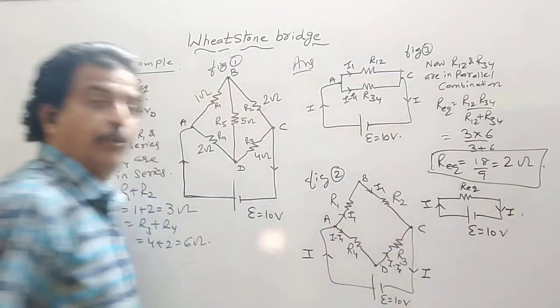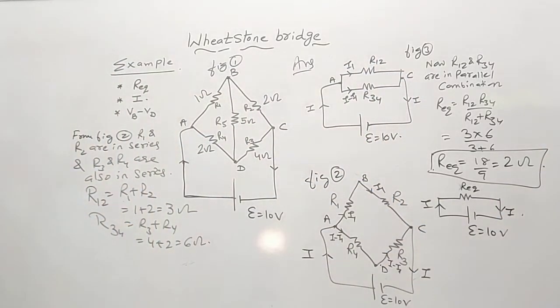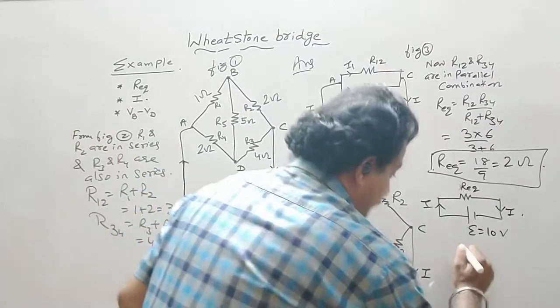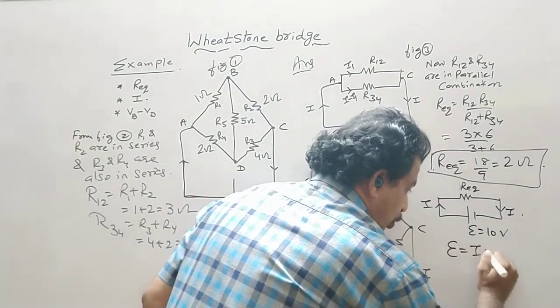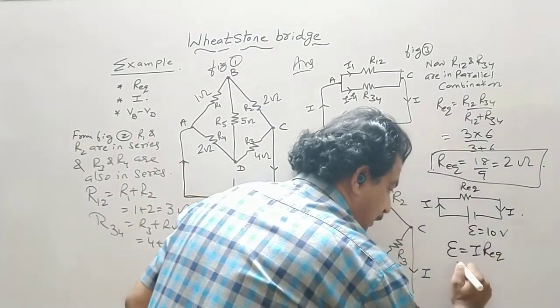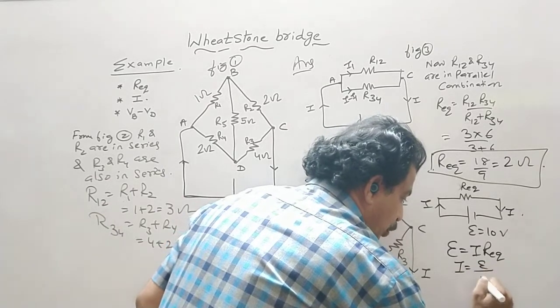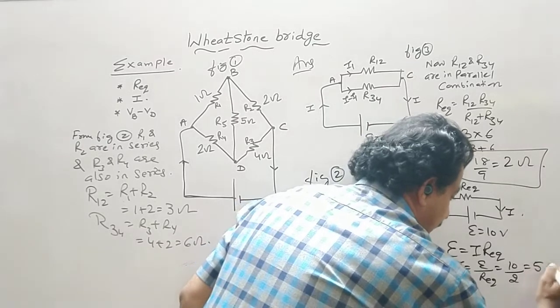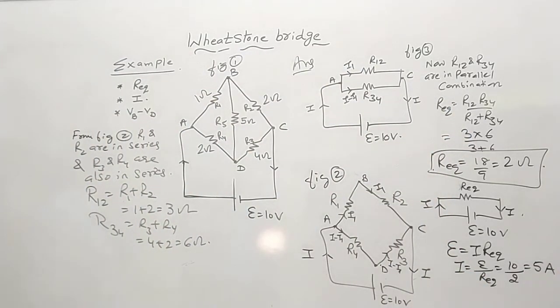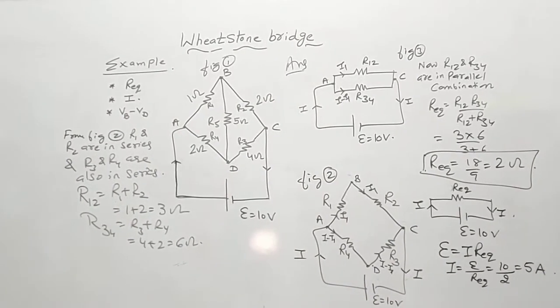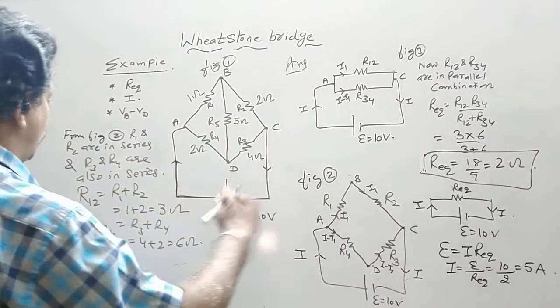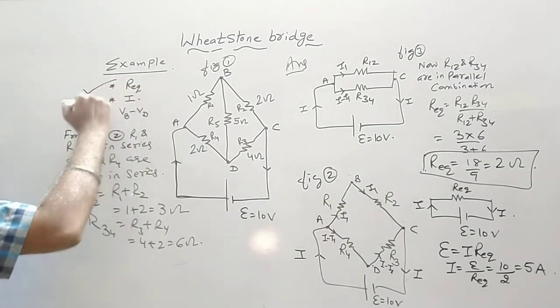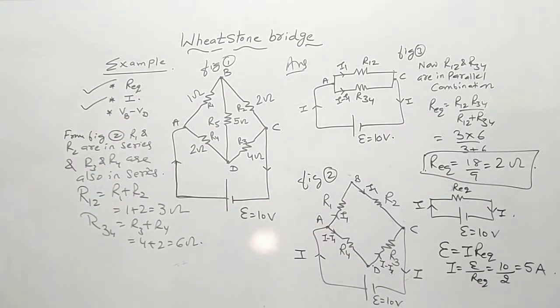Using Ohm's law, E is equal to I into R equivalent. So I is equal to E upon R equivalent, that is 10 divided by 2, equal to 5 ampere. This is the total current drawn from the battery or flowing through the circuit. So R equivalent and I are found.